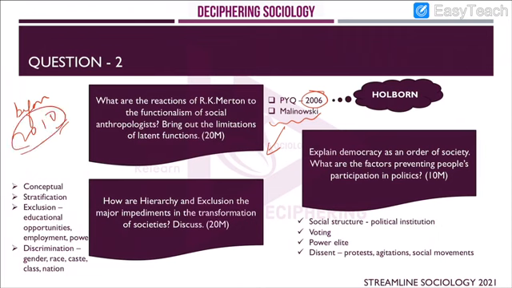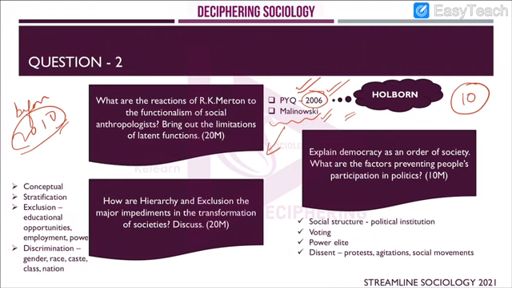Many times we think that okay, we are going to do only the last 10 years' question papers, but here the examiner has asked a question which has already been asked in 2006. Therefore this point has to be taken care of, and please do not neglect those questions which have been asked before 2010. For this question you could refer to Holborn or any other standard book.